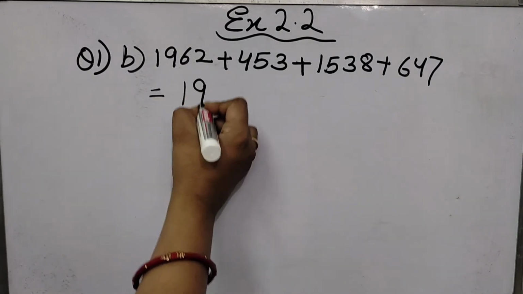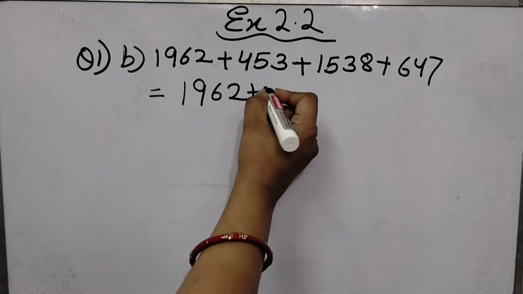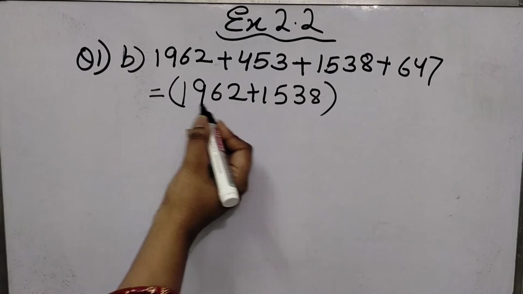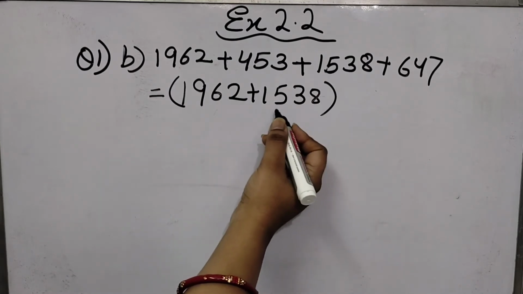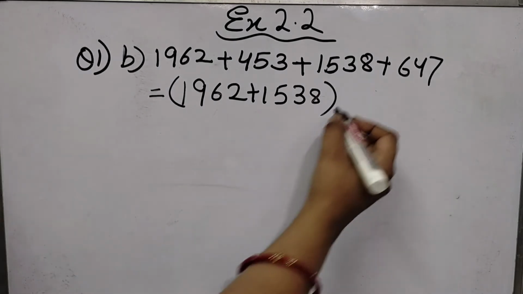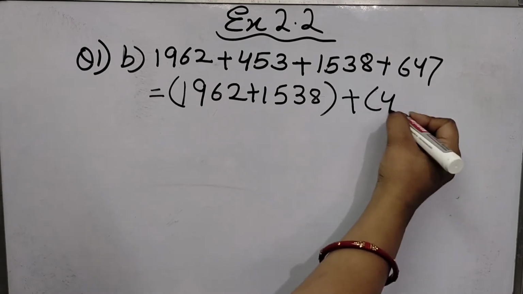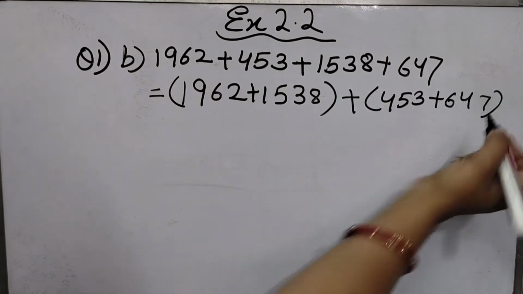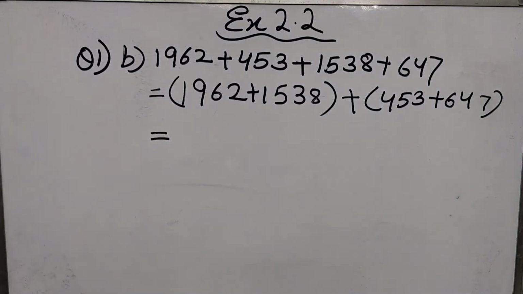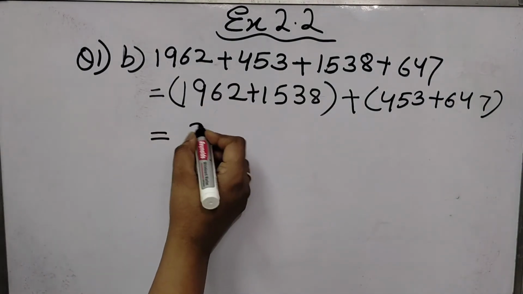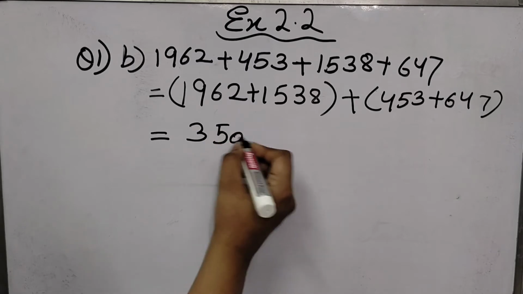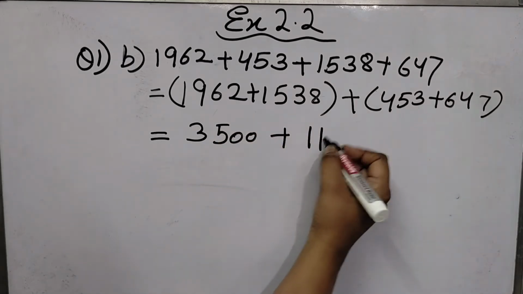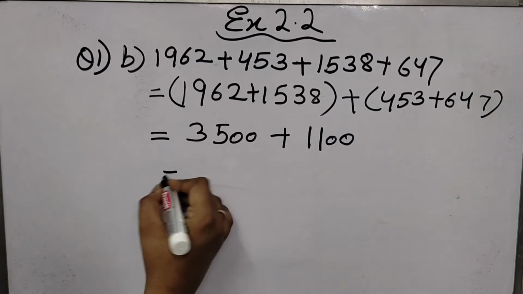So let's arrange these numbers together. We are going to add firstly 1962 and 1538, and 453 with 647. This will give 3500 and the sum of these two numbers is 1100.